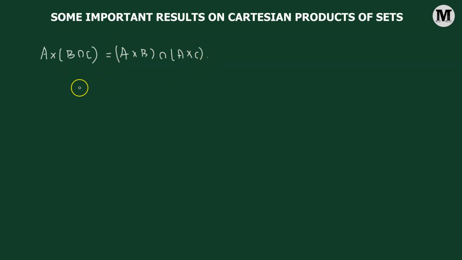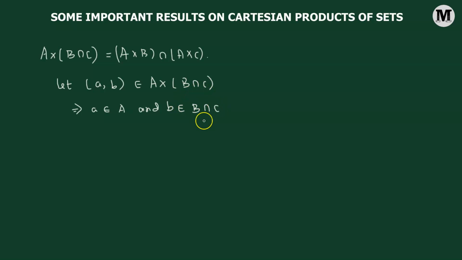Okay, so we'll first consider an ordered pair (a, b) belonging to the Cartesian product of A and B intersection C. So this simply tells us that the first element, which is a, of the ordered pair is going to belong to the first set of the Cartesian product, which is A, and we have the second element b belonging to the second set, which is B intersection C. Fine.